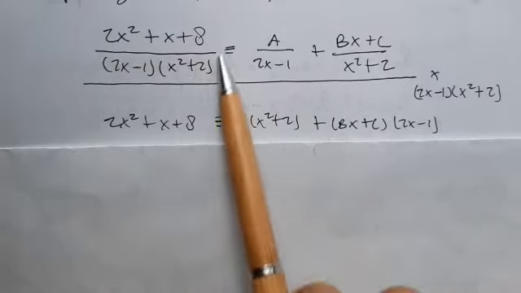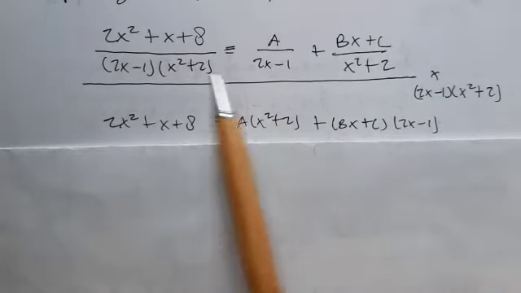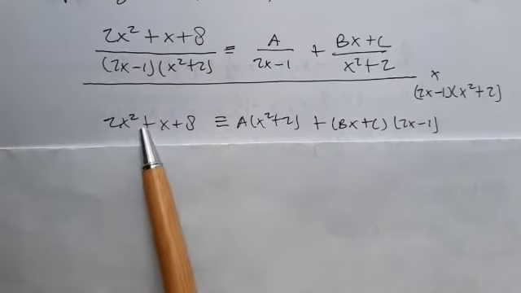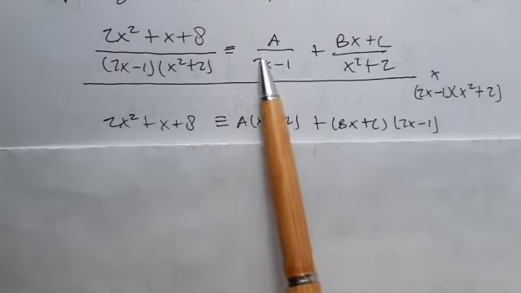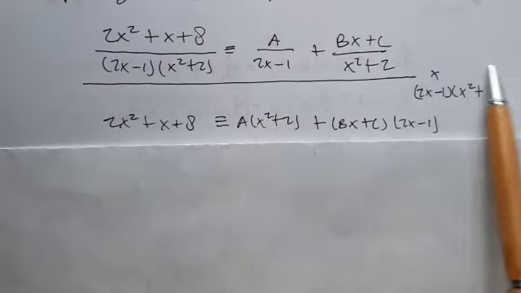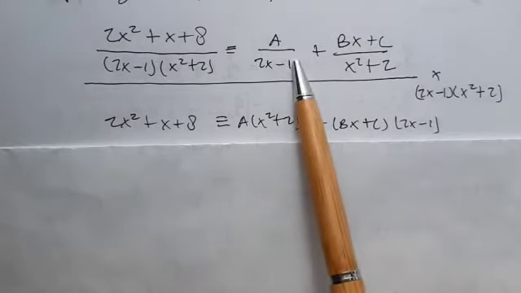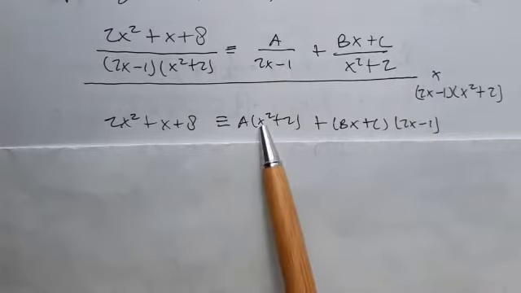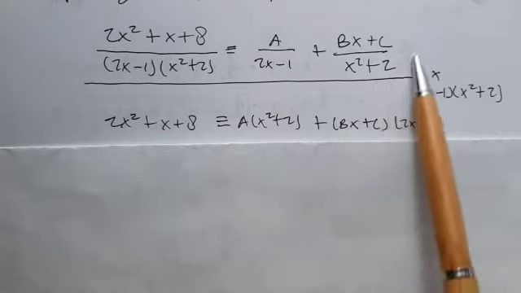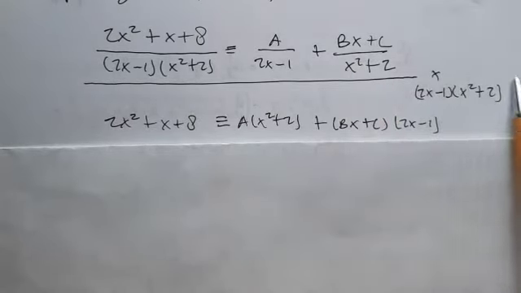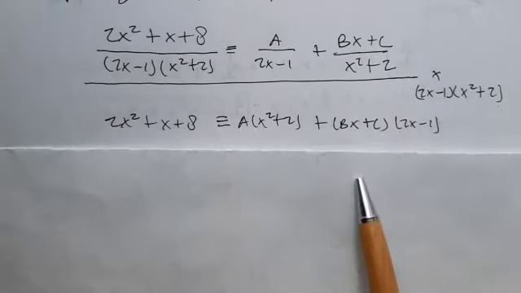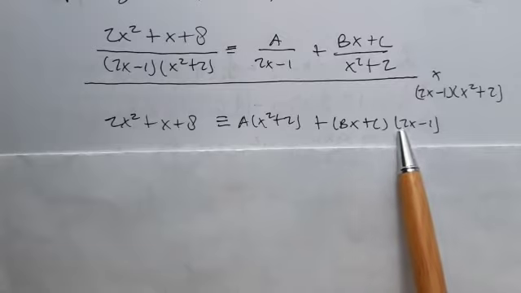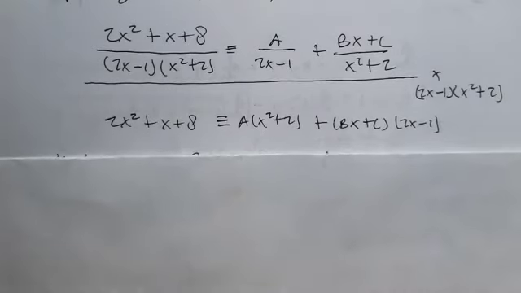This part times this equals this, that is 2x squared plus x plus 8. A over 2x minus 1 times this one, thus 2x minus 1 is cancelled out, becomes A times x squared plus 2. And if this part is multiplied by this one, x squared plus 2 is cancelled out, thus left over is (Bx plus C) times (2x minus 1).